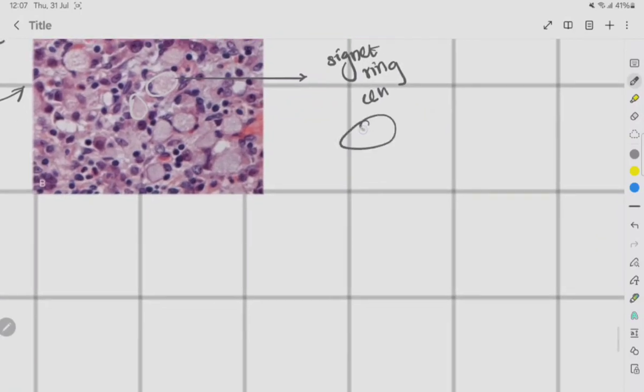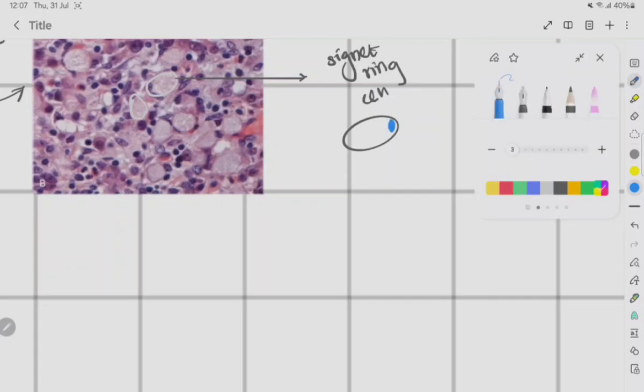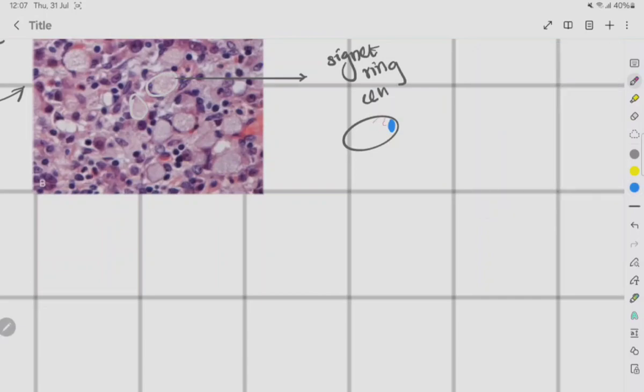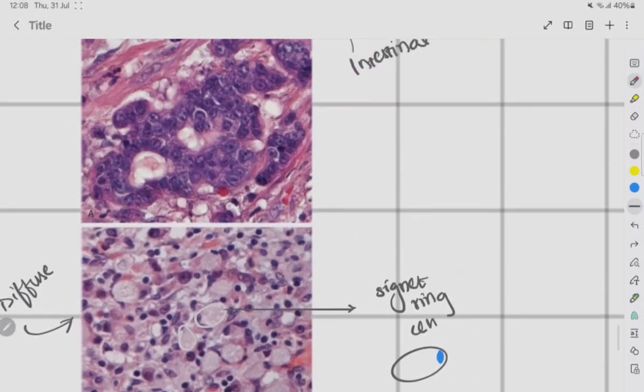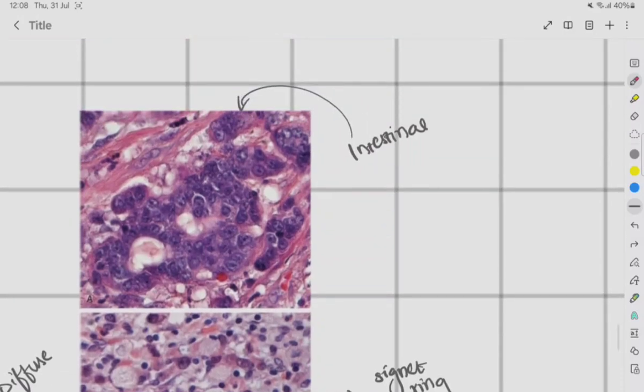These cells are so abundantly filled with mucin that the nucleus is pushed to the periphery. All the cytoplasm is expanded by the mucin. All this is mucin. So these are called signet ring cell. This is also called signet ring cell adenocarcinoma.